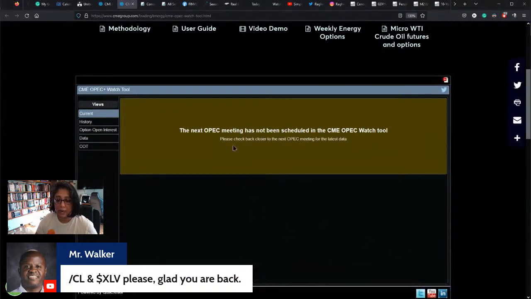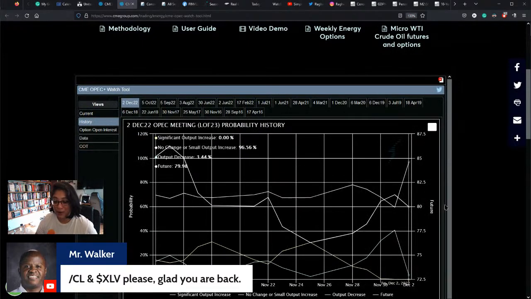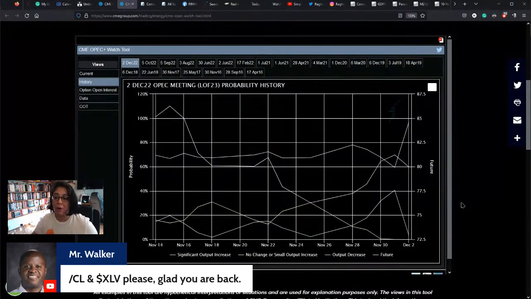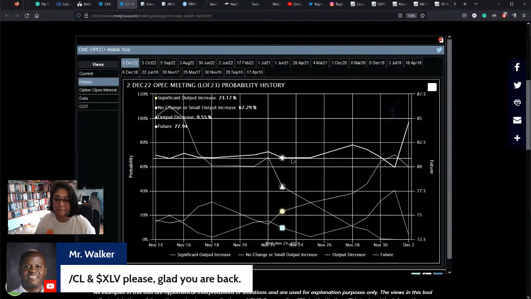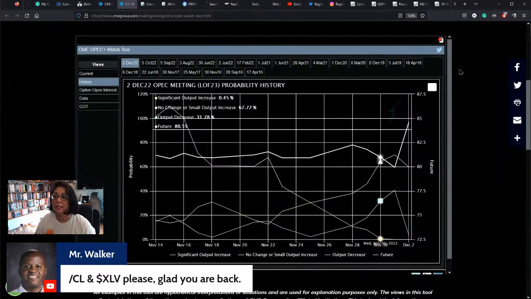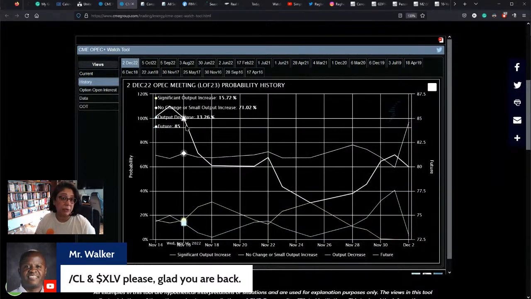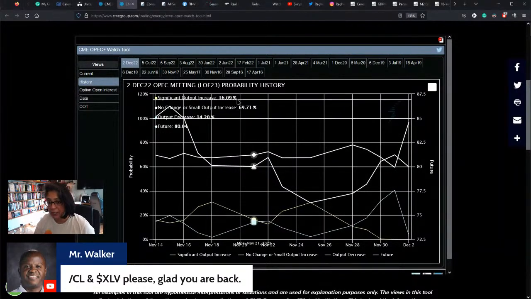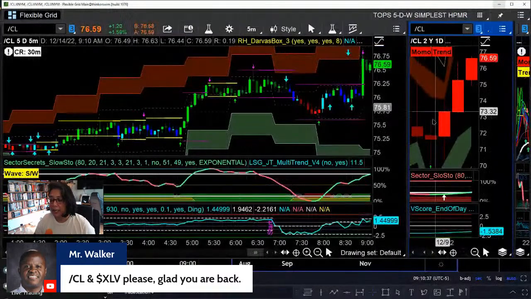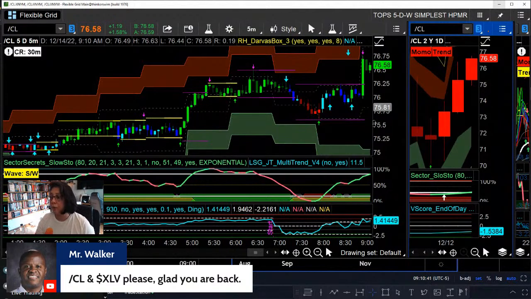Once we have the next OPEC meeting, we can start speculating on what we're expecting. We've already had the December 2 OPEC meeting, and once we have the next schedule, we can start speculating on what's going to happen with production output. We're going to need production output to decrease to help crude out, or we're going to need demand to increase. So I'm not seeing a buy yet.